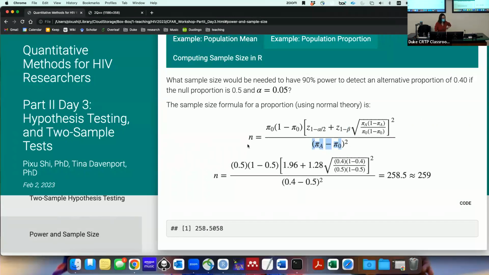Your sample size will also depend on the location of your null. Like we said, when your null is very close to the center of 0.5, you will need a larger sample size, because when you have 0.5 for pi 0, this is 0.25. When you have 0.1 for pi 0, this is 0.09. So you need a smaller sample size when your pi 0 is very close to the end.